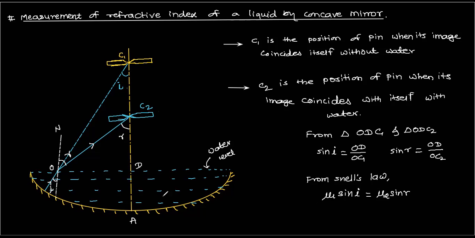This liquid, because this is mu1. Understand? And this one is mu2 for air. Mu1 is for liquid, so therefore I am keeping it as mu only. Mu sine of I is equal to sine of R, because mu2 is equal to 1 for air. Understand? So you got mu sine I is equal to sine R.